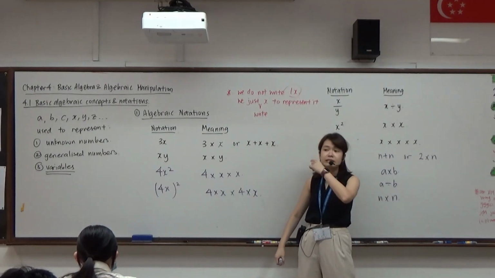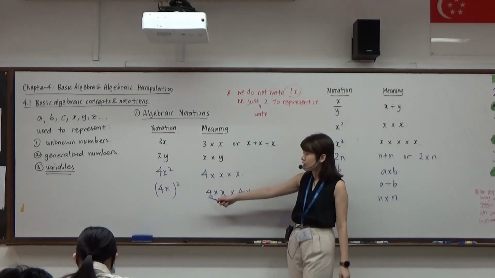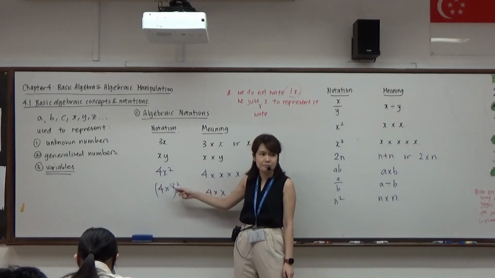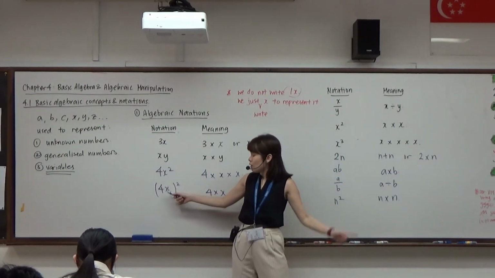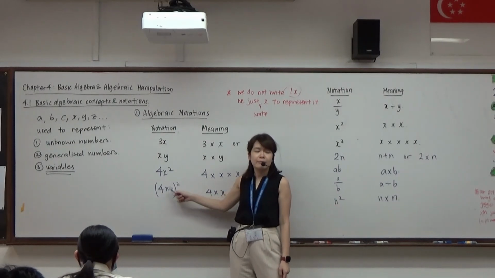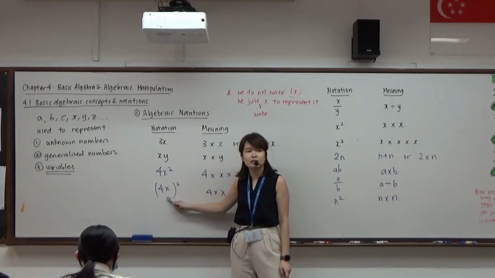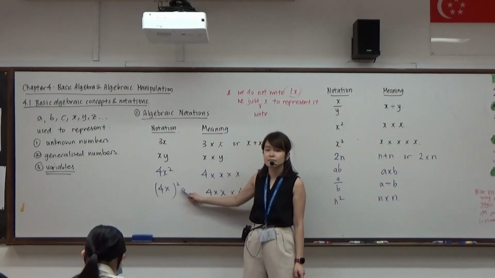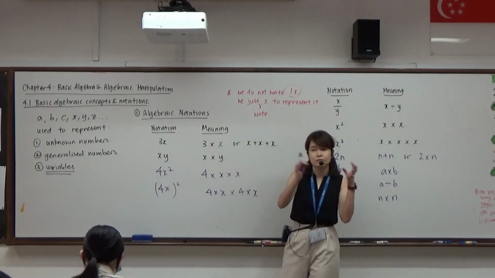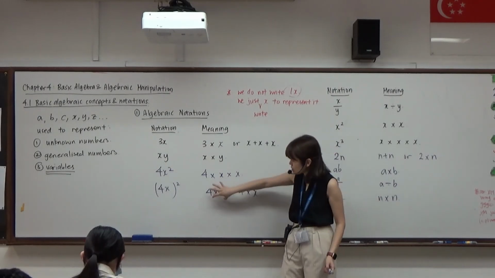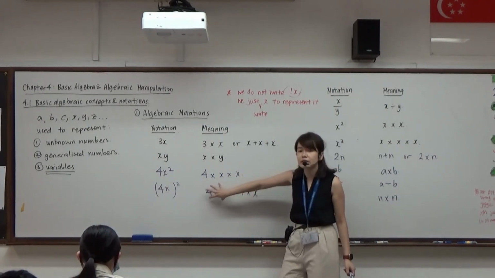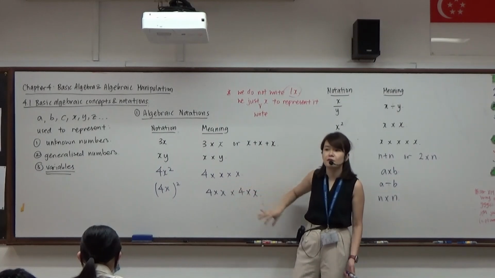This is a very important part I need to address. Very commonly people think it's the same, but it's not. What Xavier pointed out is correct because we do the brackets first. Inside the bracket means 4 times x, and because of the square you repeat one more time. So there are 2 sets of it, that's why 4 times x times 4 times x.